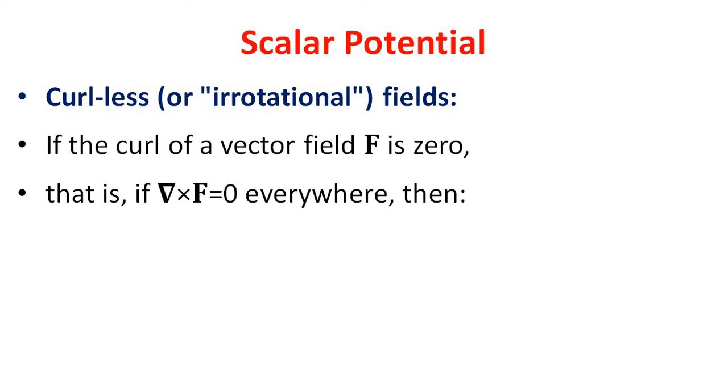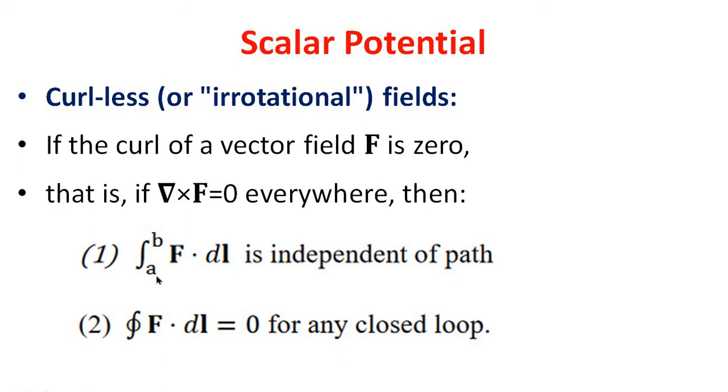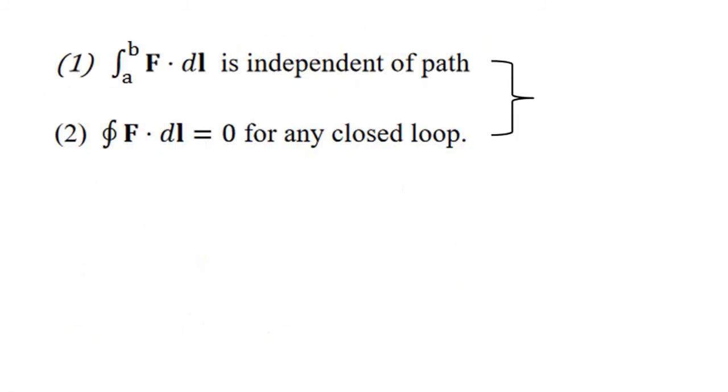If del cross F is equal to 0 everywhere, then first condition, integral a to b F dot dl is independent of path. Second, closed integral F dot dl equal to 0 for any closed path. എങ്ങനെയാണ് നമ്മൾ ഈ ഒരു ഇക്വേഷനുകളിലോട്ട് എത്തുന്നത്?